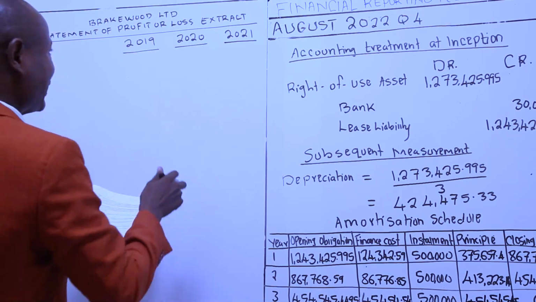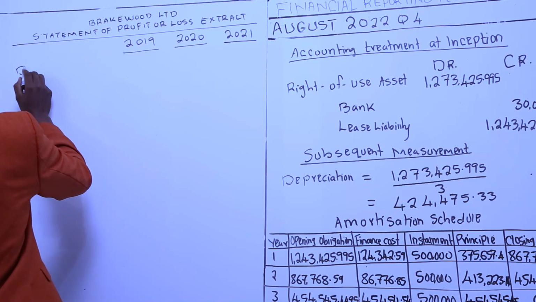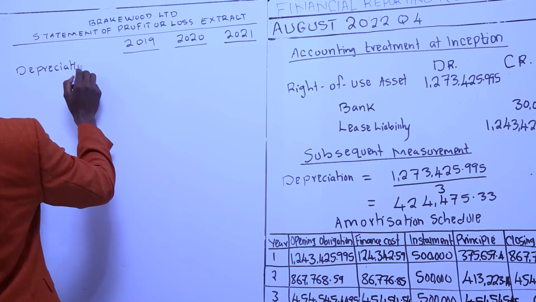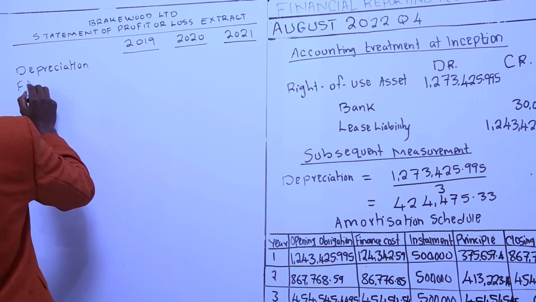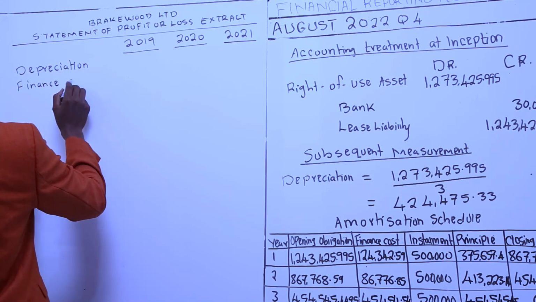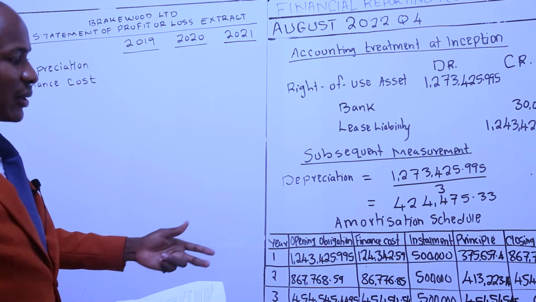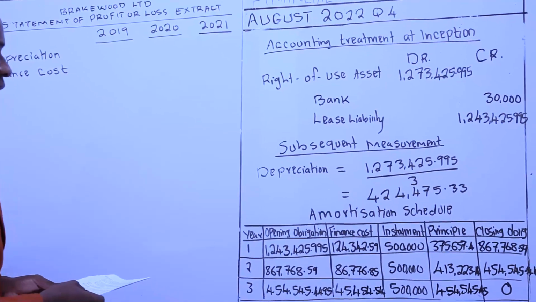The first thing will be depreciation, and of course the other thing they will present will be finance cost. So we have depreciation and finance cost. Looking at our schedule, we have finance cost.